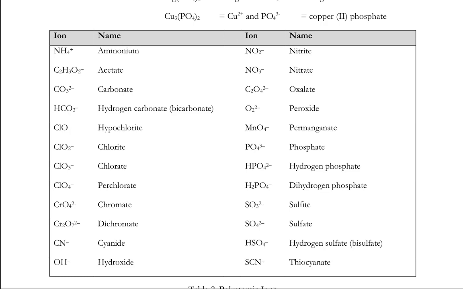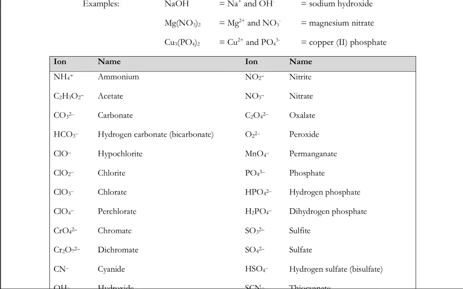That would be called mercury 1. You'd put the 1 in Roman numerals in parentheses. Otherwise, in our table here, we have a whole bunch of polyatomic anions, acetate, carbonate, etc. So look here or in your chapter 2 lecture handout for what to name the polyatomic anion.